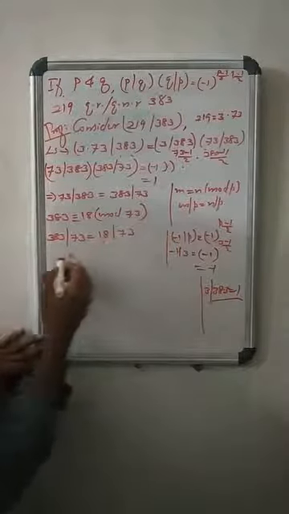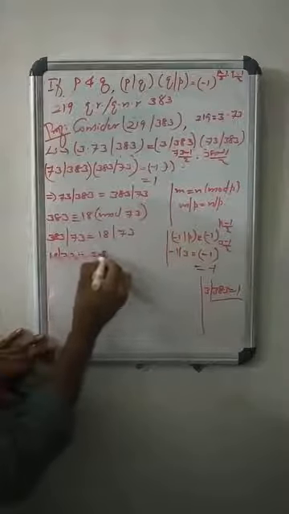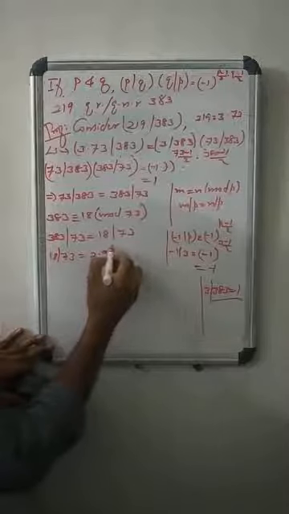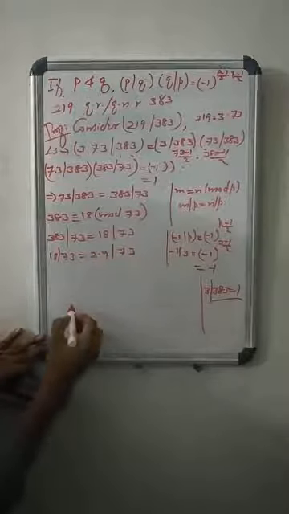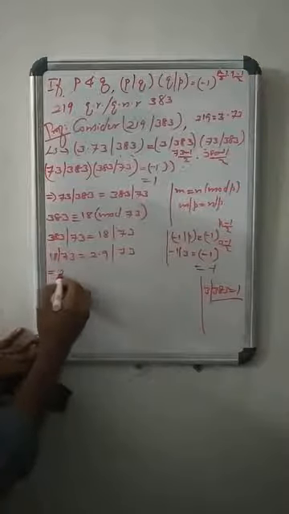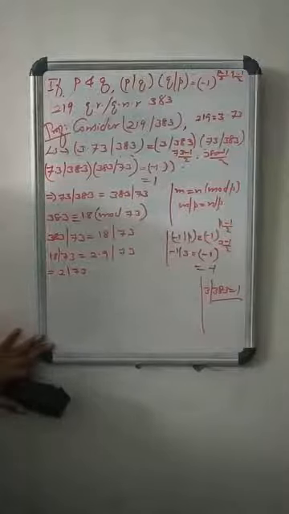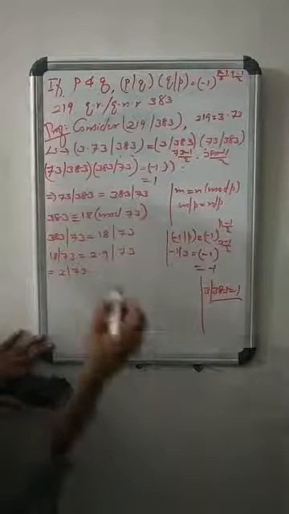What is (18/73)? 18 means 2 into 9, so (18/73) = (2/73)(9/73). By the multiplicative property, the Legendre symbol is always multiplicative.